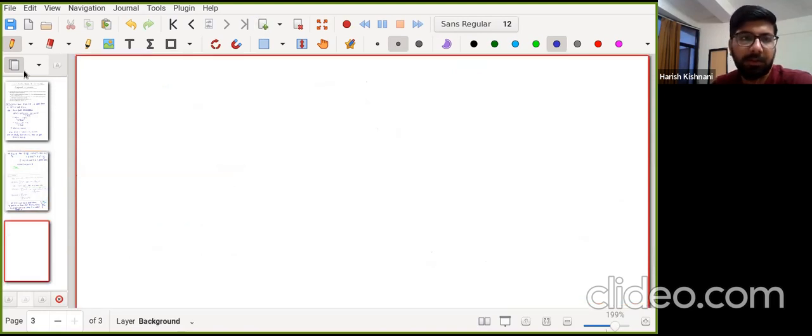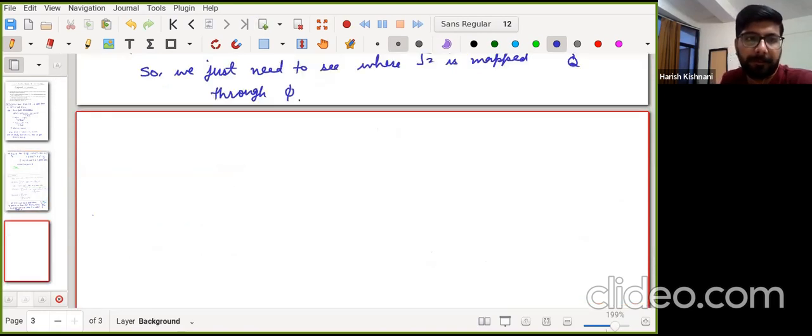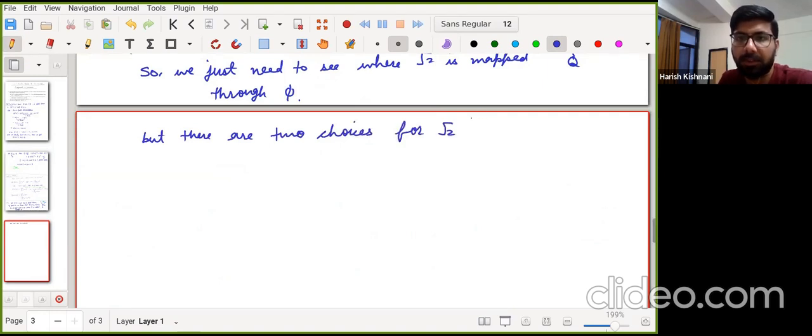There are two choices for root 2. This is already discussed in class, because the image of root 2 has to satisfy the minimal polynomial of root 2, and the minimal polynomial is of degree 2.